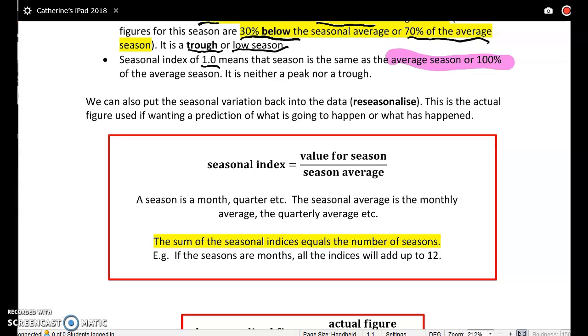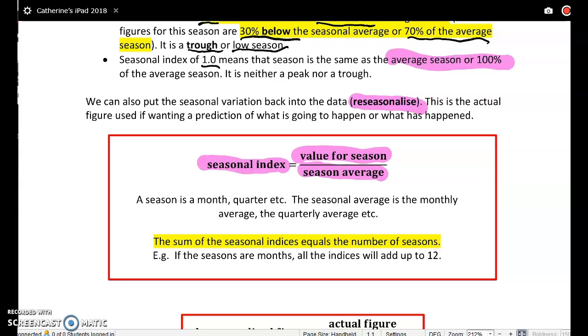So that process is called reseasonalising. So the important calculation here is the seasonal index, which is the value of the season divided by our season average. So our season is a month, a quarter, or whatever it decides to be.